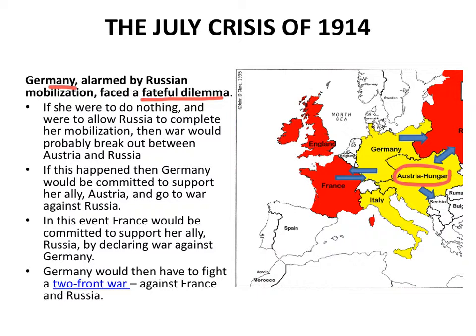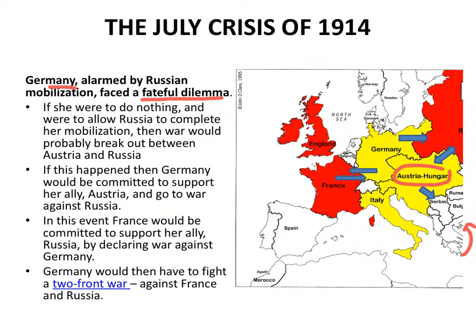Also, if Austria were to defeat Serbia, then Austria would be one step closer to the sea straits down in the corner of Europe called the Straits, and Russia was very determined to make sure that she controlled that area.